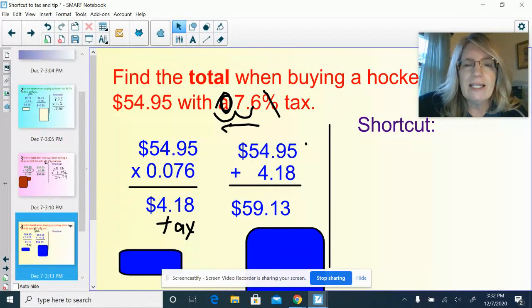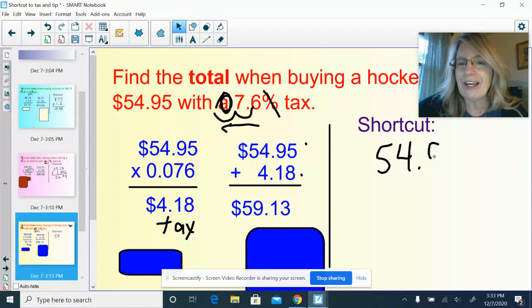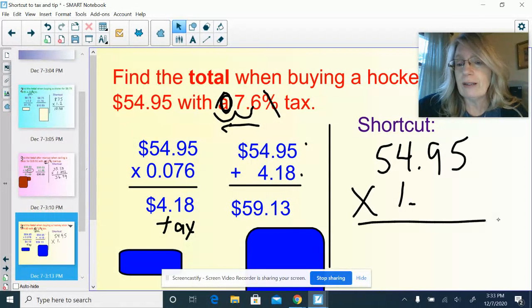So now we're going to add the price of the hockey stick plus the tax. So here's the hockey stick, here's the tax. So our total will be $59.13. One more time, guys, the shortcut. $54.95 times, our identity property says anything times a 1, you're going to get $54.95 built into your answer.